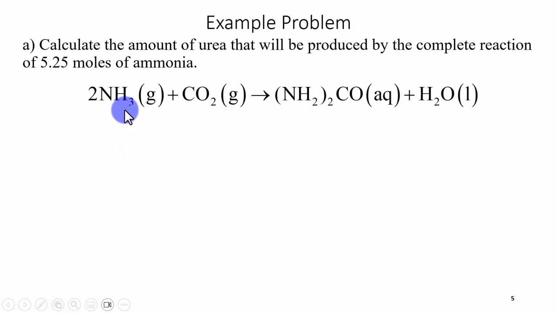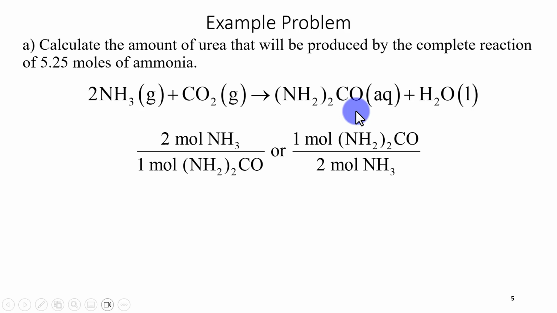Here's my reaction where I start out with ammonia and I'm trying to figure out how much urea is produced. Here are my 2 different ways of writing the conversion factors. So I can either write 2 moles of NH3 for every 1 mole of urea, or I can write 1 mole of urea for every 2 moles of NH3.